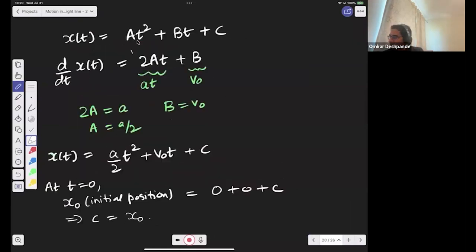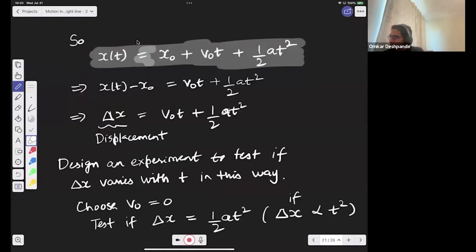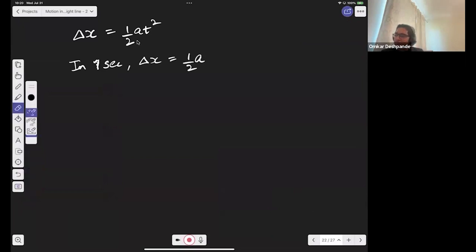So what did Galileo do? This is the kind of experiment that he had to set up. So if delta x is proportional to t squared, we know delta x would be half at squared. So in 1 second, the delta x would be some half a, that's the amount by which the object would fall.